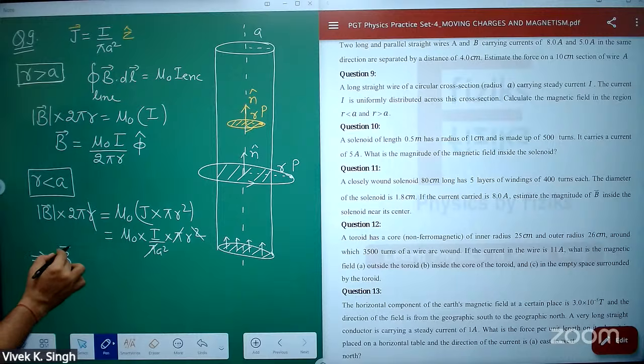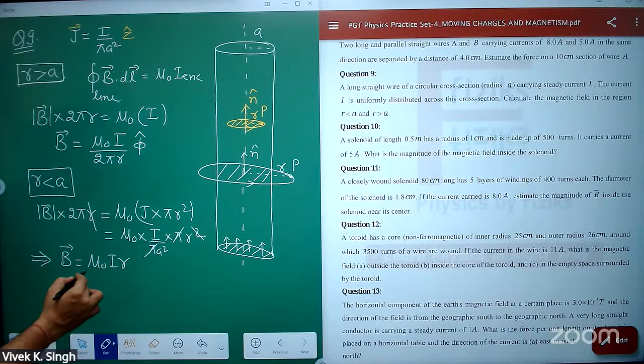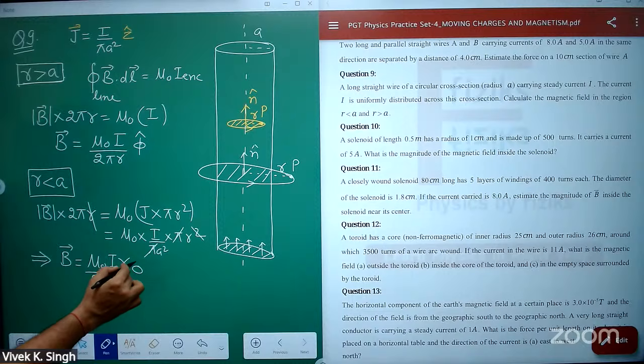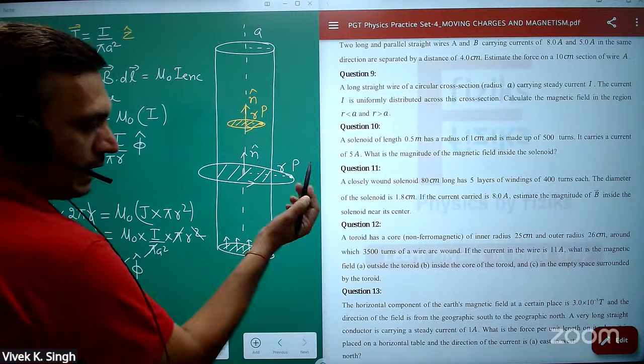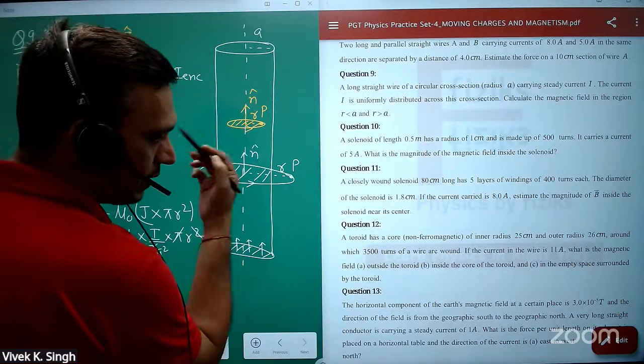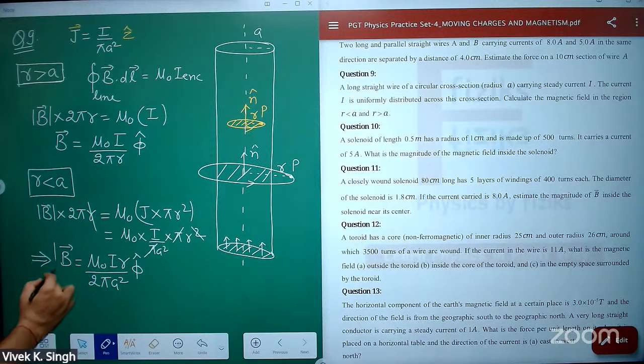So magnetic field B is given by mu naught I r by 2 pi a square, direction is magnetic field curl around it. So that direction is phi cap direction. Okay?